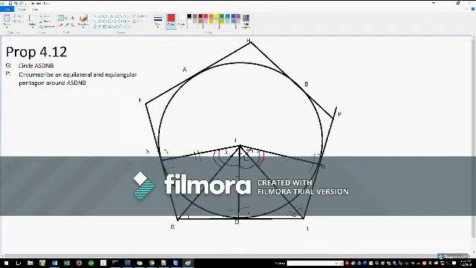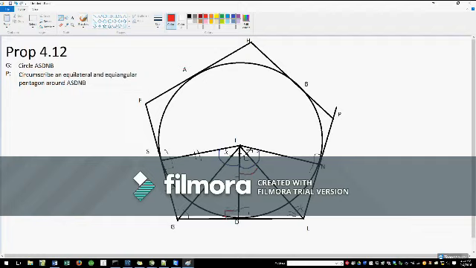No, wait, sorry. I have to prove first that the angle GTD is equal to the angle DTL. How do you prove that? Because side angle side.